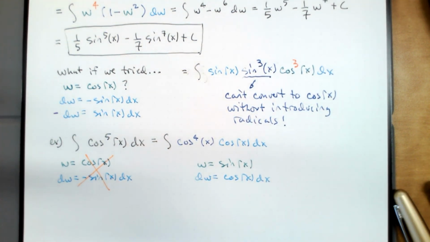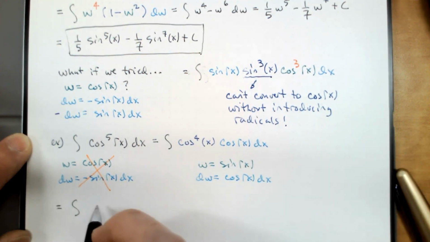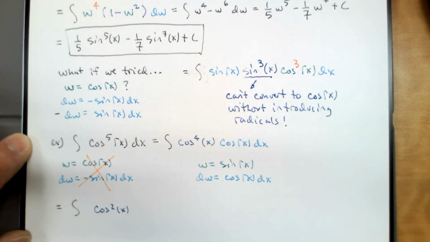That one factor of cosine is going to be the dW, and cosine to the 4th I can convert. So specifically, I'm going to read this as cosine squared x, squared.